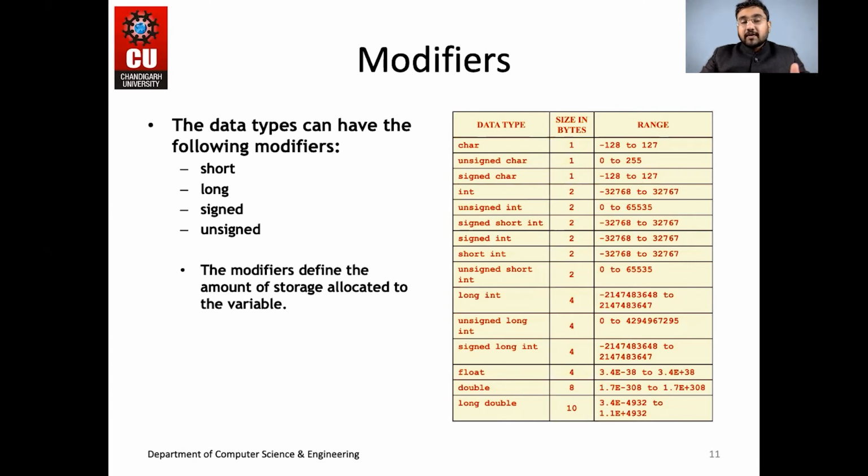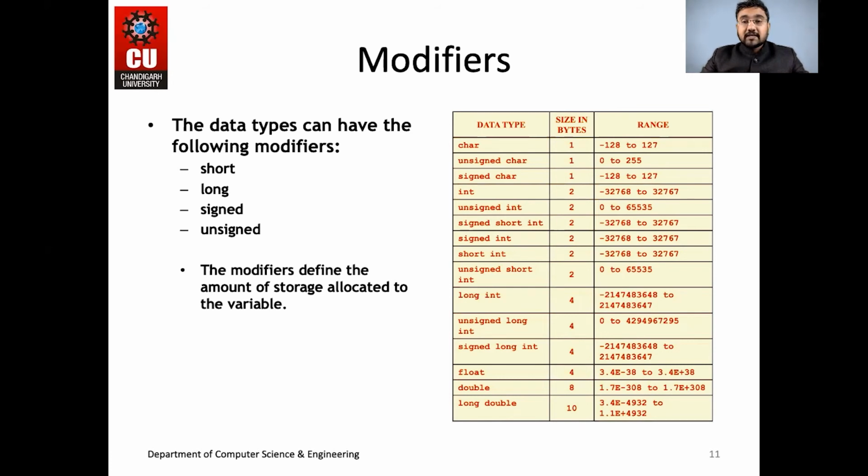As you could see here in the chart, integer has a range of -32768 to 32767. But if you make it unsigned, because now we are storing only positive values, the range would become 0 to 65535. Gradually, we can store some more positive values.